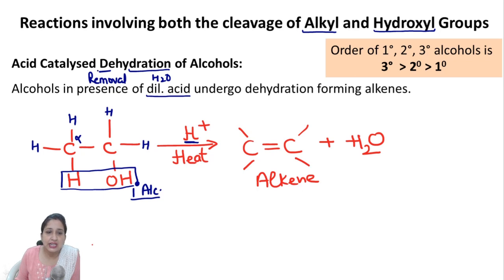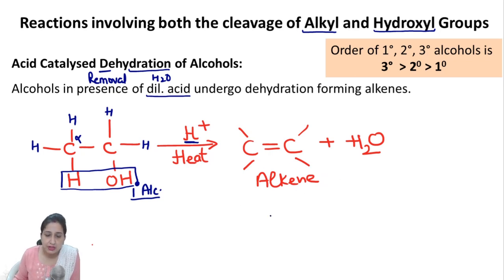So acid catalyzed dehydration of alcohols always leads to the production of an alkene, whether it is 1 degree, 2 degree or 3 degree alcohol. But in some cases, especially in case of 2 degree or 3 degree, if more than one type of alpha carbons are present, then the situation can be somewhat different, but always alkenes will be formed.